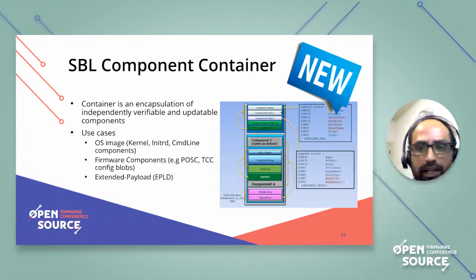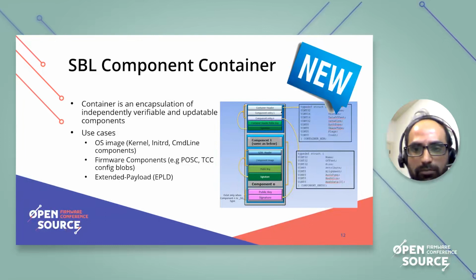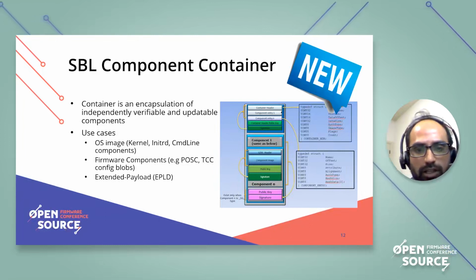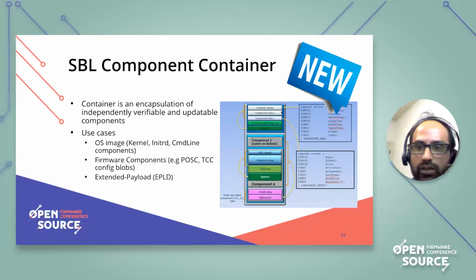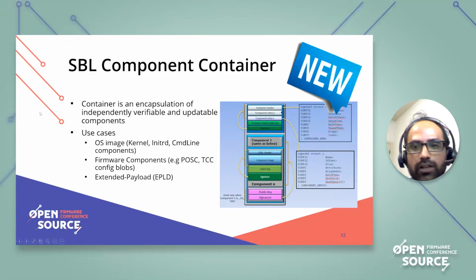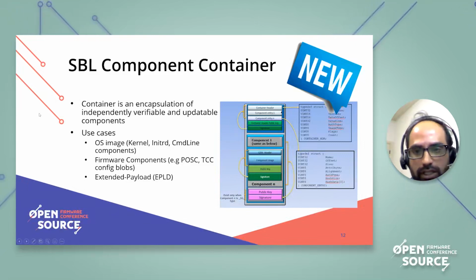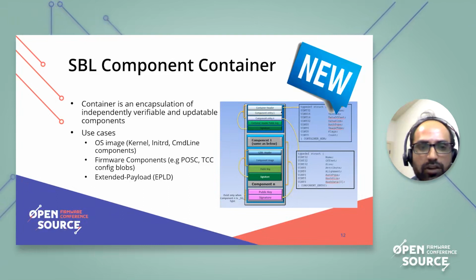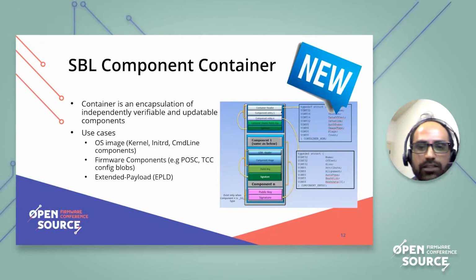They can have different kinds of decompression, etc. Now, if they all can be multiple components in one single container, it will be easy for us to verify the OS image as a whole, or it will be easy for us to verify each component of the container individually based on their decompression and based on their types of signing, etc.